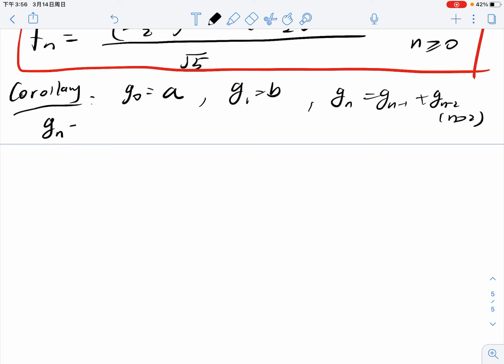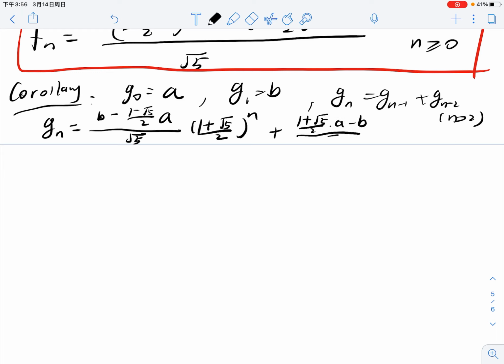And then by solving the corresponding linear equations, you will find this will be (B minus (1 minus square root 5) over 2 times A) divided by square root 5, times ((1 plus square root 5) over 2) to the nth power, plus ((1 plus square root 5) over 2 times A minus B) divided by square root 5, times ((1 minus square root 5) over 2) to the nth power, n greater than or equal to 0. Okay.